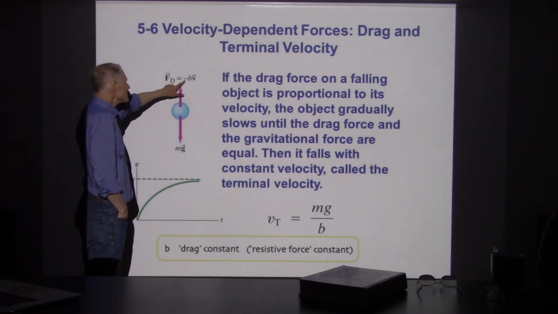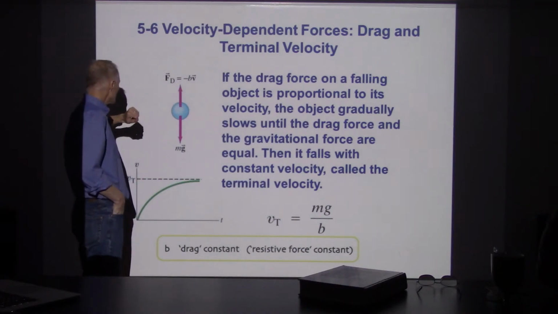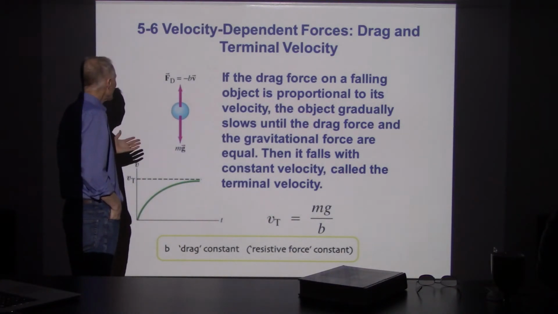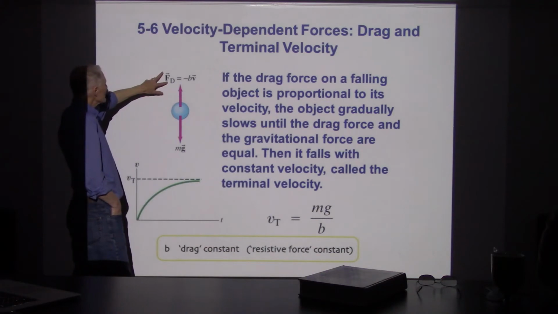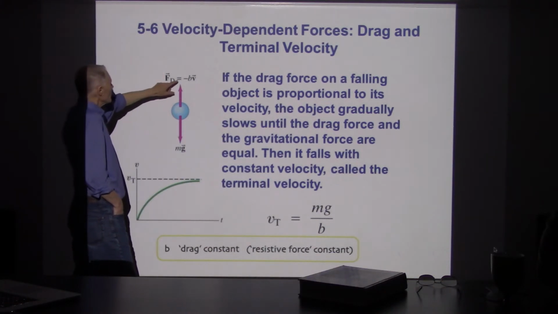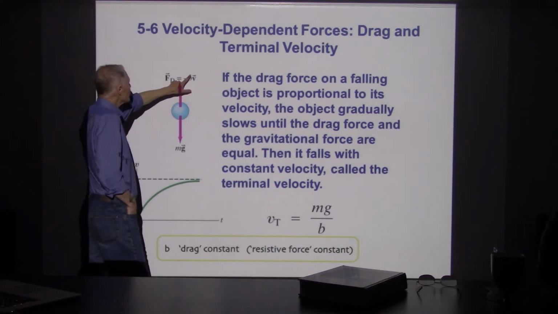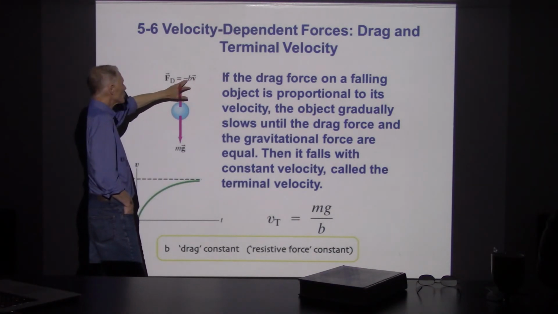That's not necessarily what we've been doing. That's counter to the convention that's been going on. Why is that? What they're doing is saying that this force is opposite to the direction of velocity. So they're actually keeping directional information included in here.